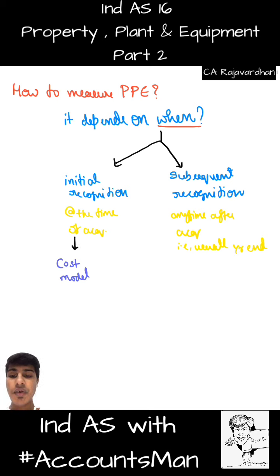Whereas if I go for subsequent recognition, I have two models here. I can either follow cost model, or I have been given an option under Ind AS 16 to follow revaluation model.